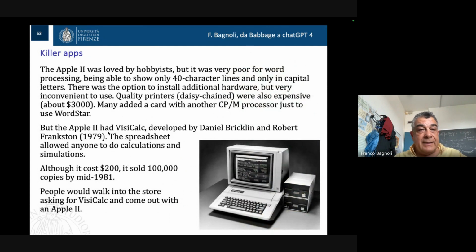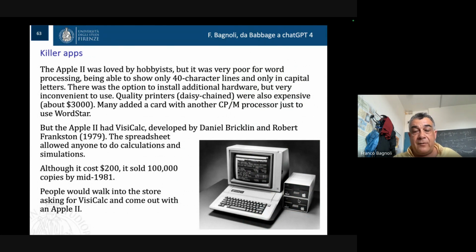But again, the main engine that increased the selling of hardware were essentially killer applications.